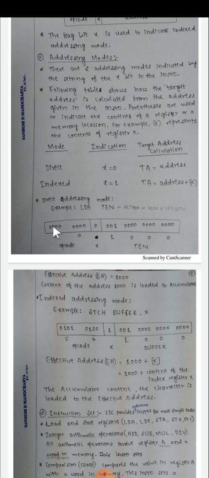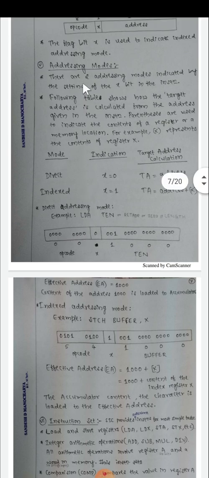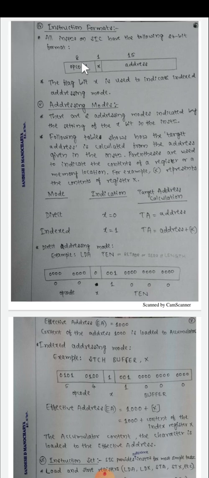The LDA opcode is 00. This 0 is represented in 4 bits binary, and this 0 is also represented in 4 bits binary. So totally 8 bits are there, and the complete opcode field is filled now.